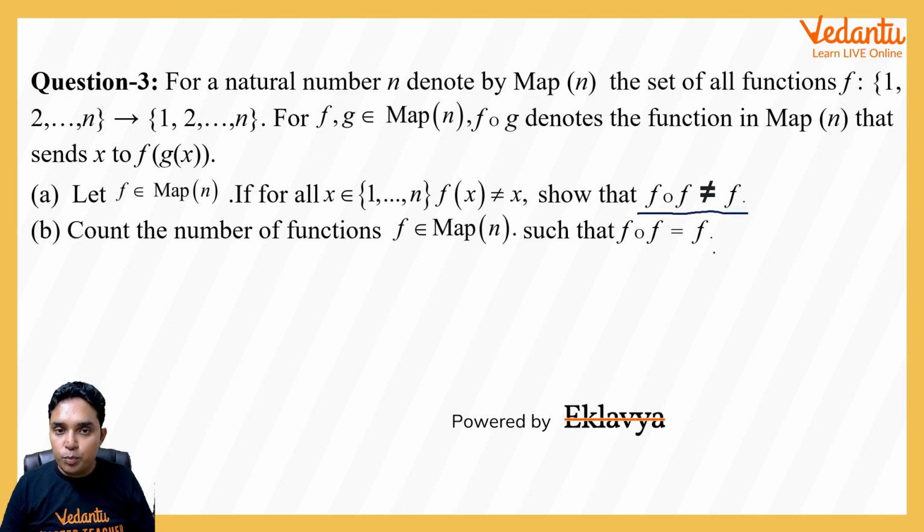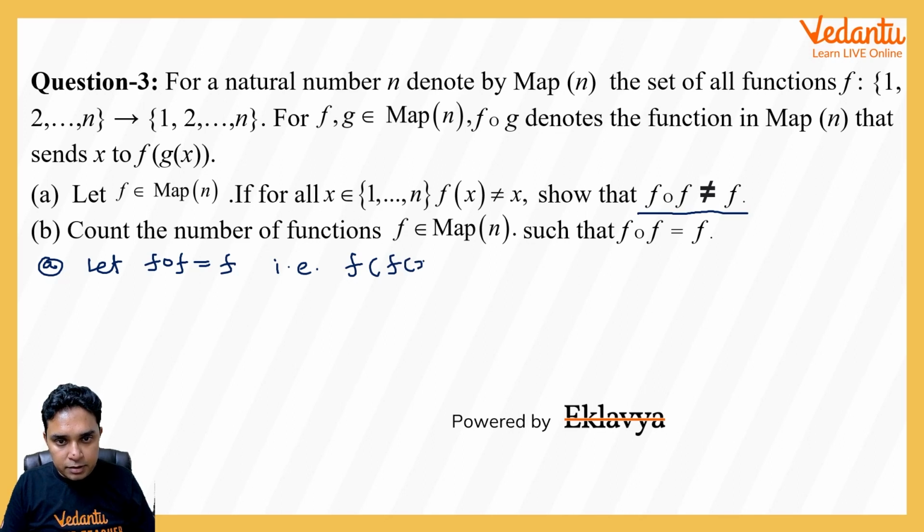Now to prove this, I think we can take the assumption that this is true first, that f of f is f, and then we will find some contradiction, then we are done. So if we are assuming that, that means we are saying that f of f(x) is equal to f(x). So you can see that f(x), if I take as t or u or v, whatever, we are getting f of t is equal to t, isn't it?